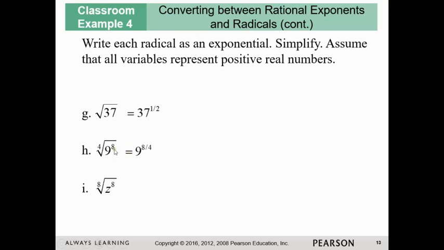This is the same thing as 9 to the 8 over the index, which is 4, and 8 divided by 4 is 2, so it becomes 9 squared, or we can write that as 81. Now let's just look at I here. It becomes Z. Ask yourself why it becomes Z. It becomes Z because we're going to have Z to the 8 over 8, and 8 over 8 is 1, so what we end up with is Z to the first.